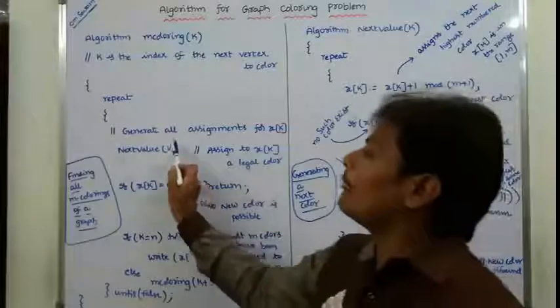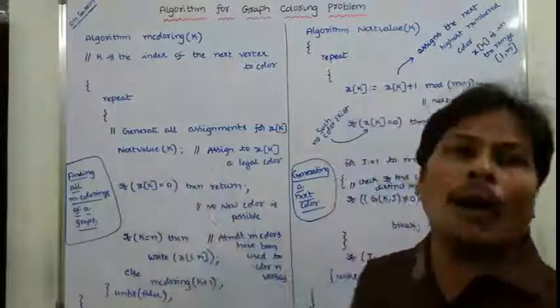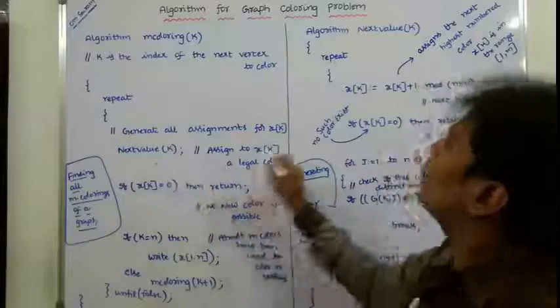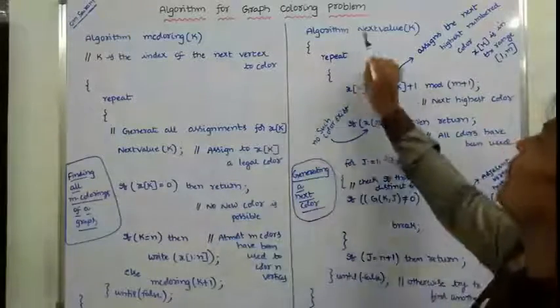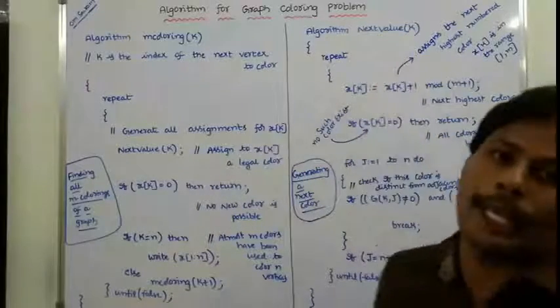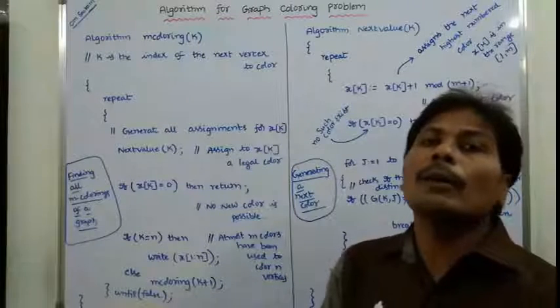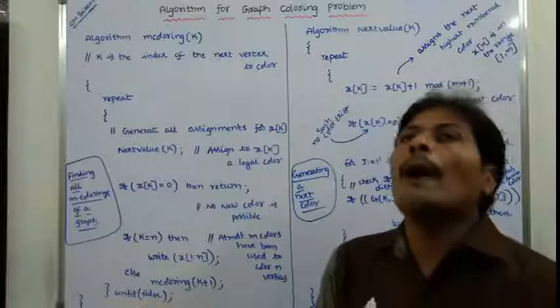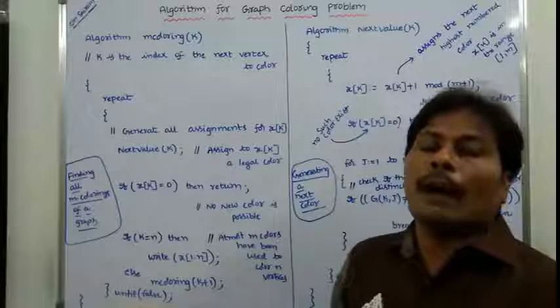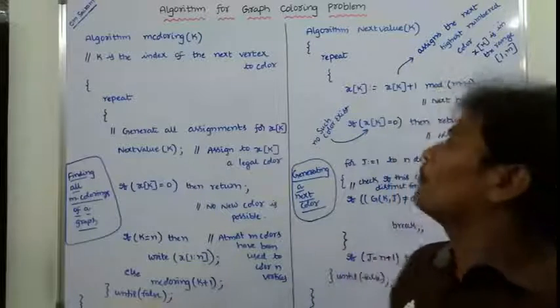Whenever this function is called, it goes to this part, algorithm next value of k. What is the next highest numbered color we have to use to color the next vertex in the given graph?